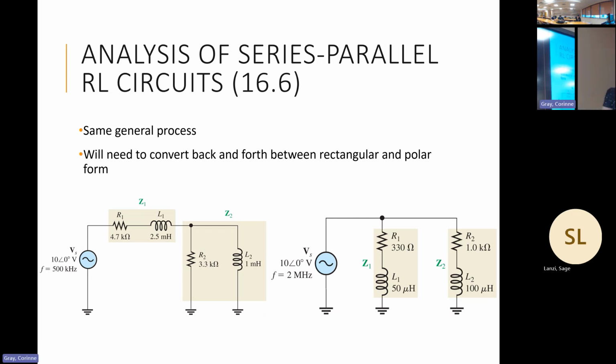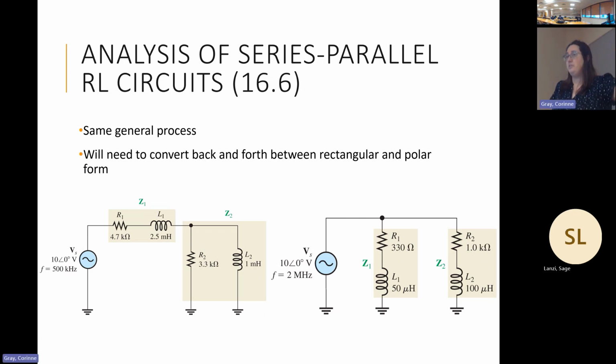In the case of the second example in section 16.2, this is the circuit that you are given. In this case, you would want to deal with the two in series first. So you would deal with R1 and L1. That becomes the Z1 in this case. L2 and R2 are in series as well.